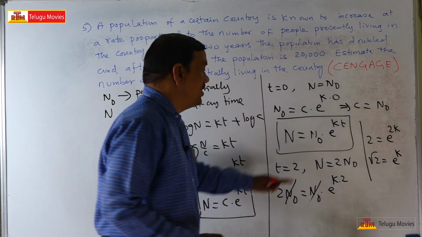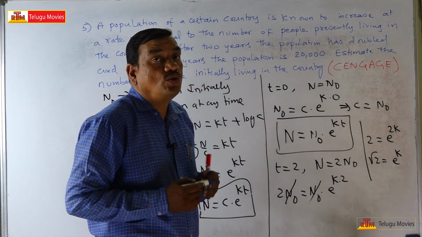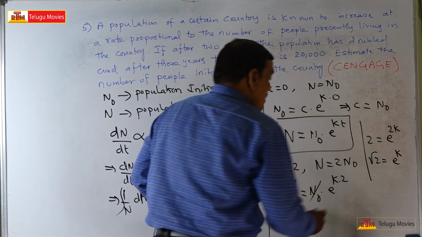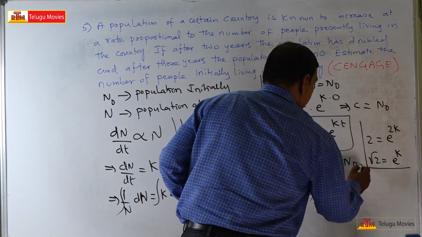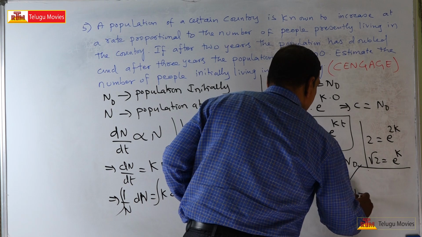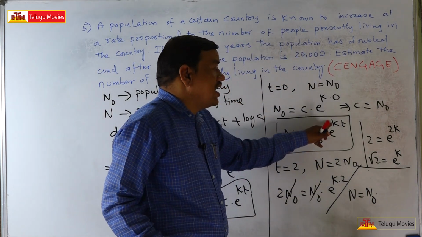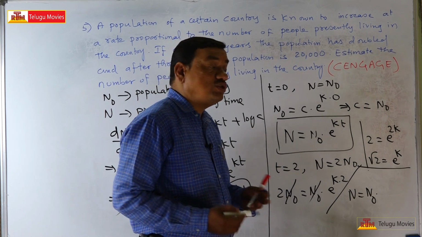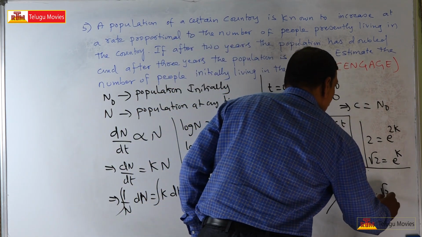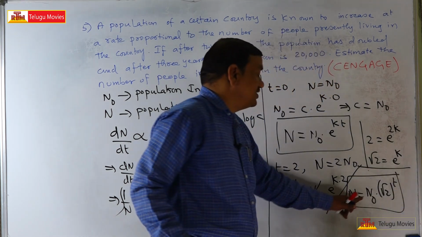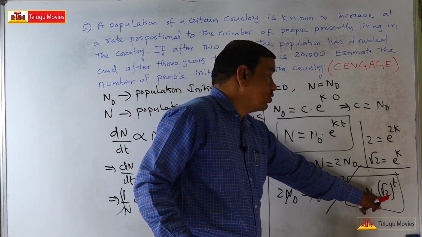So e power k value is root 2. So the present equation is n is equal to n naught into root 2 whole power t.